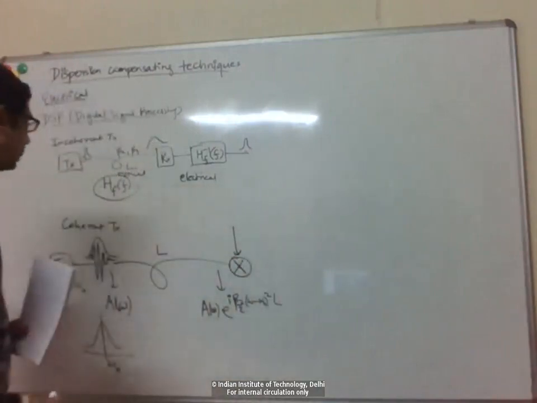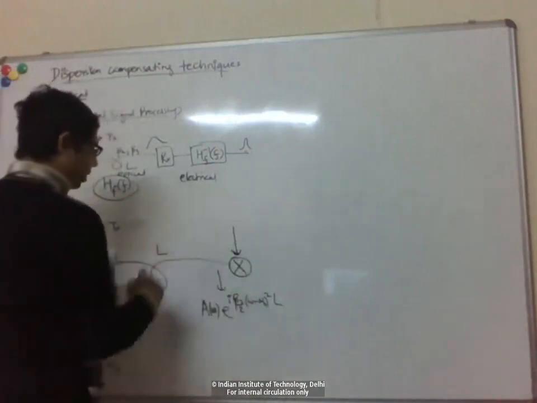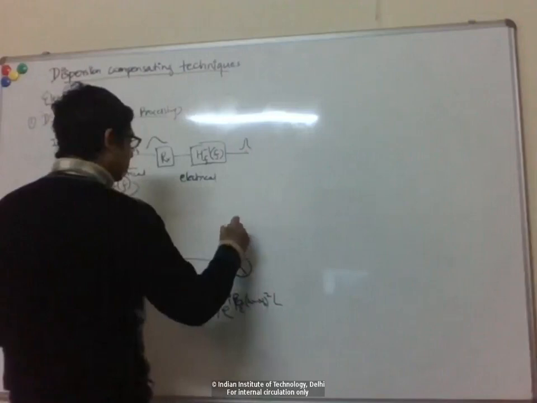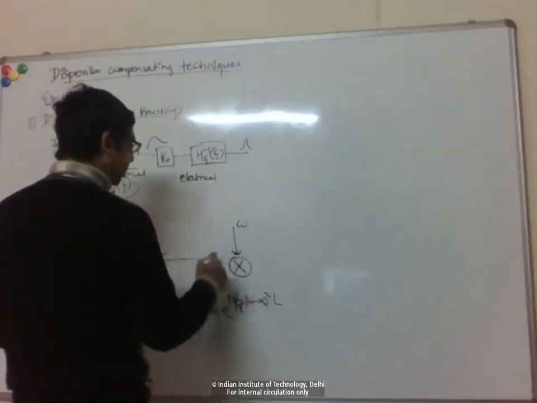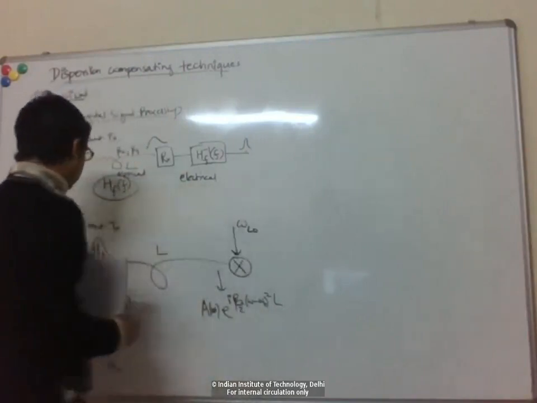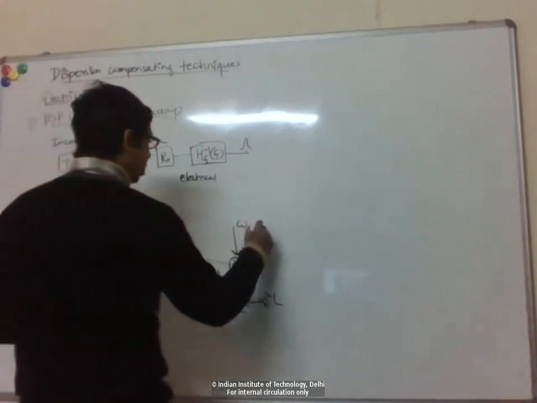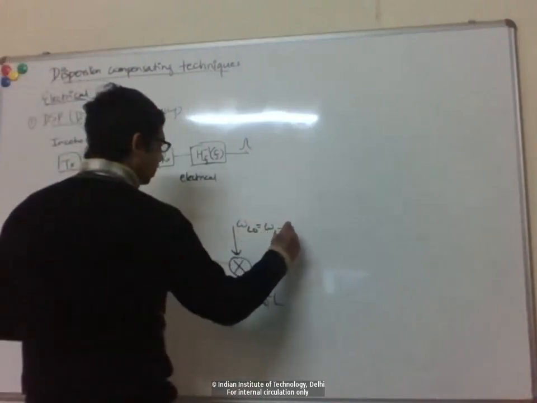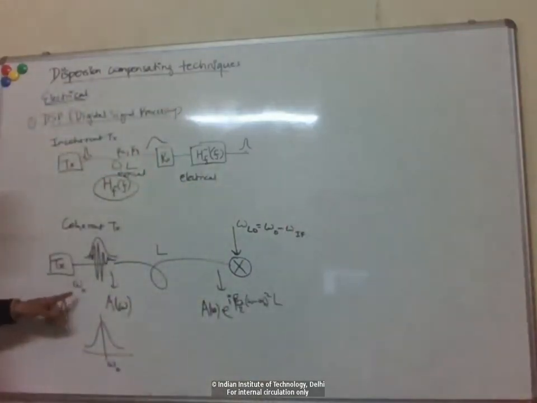But what you can do is what is known as coherent detection. At the receiver, you beat your incoming signal with another single frequency laser, at a slightly different frequency. So there's a local oscillator, which is basically another single frequency laser, whose frequency is slightly shifted from the transmitter frequency.